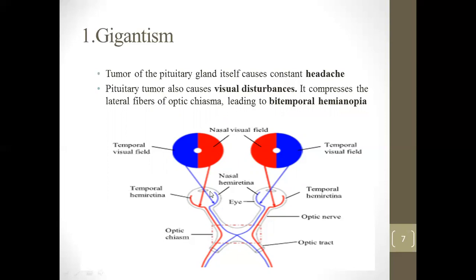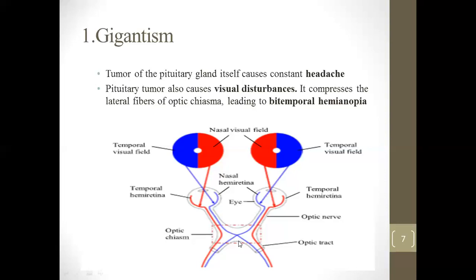In this diagram, we can see here there is the nasal and temporal. The nasal part will go as it is, and the temporal part will bisect in the optic chiasma. In the optic chiasma, when this intersects, the pituitary gland is also present.